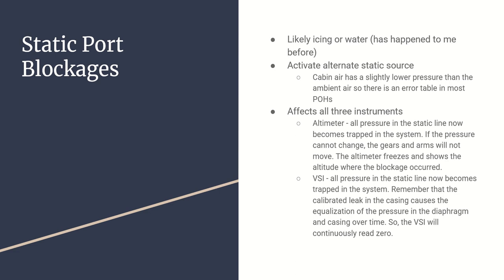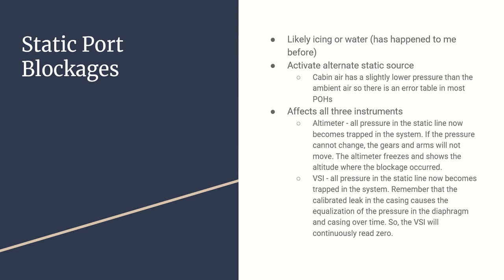So when we don't have an opening out to the ambient air pressure anymore, right? If there's, let's say, icing that covers that static port opening, then there is no way to dispel the pressure that is already contained in the system. So whatever pressure was last collected by the static port is locked into the system, right?